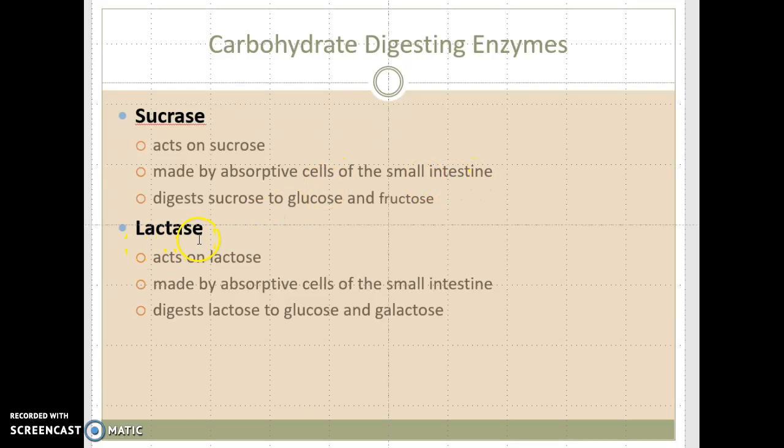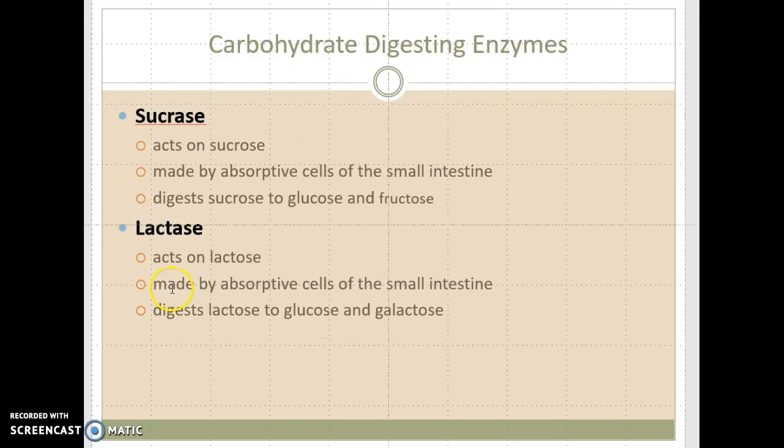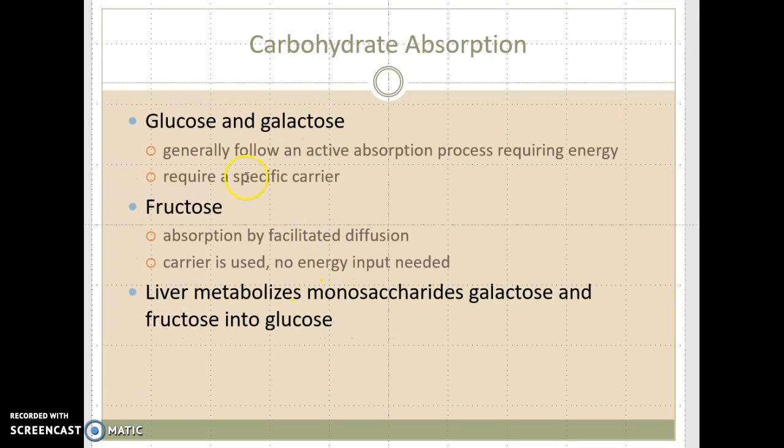The same with lactase, this acts on lactose to break it into glucose and galactose. So these last three enzymes, not amylase, but maltase, sucrase, and lactase are all enzymes in the small intestine, whereas amylase is actually from the pancreas and from the pancreatic duct moves into the small intestine to work on the carbohydrate.